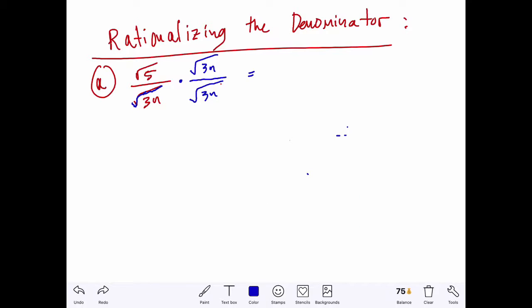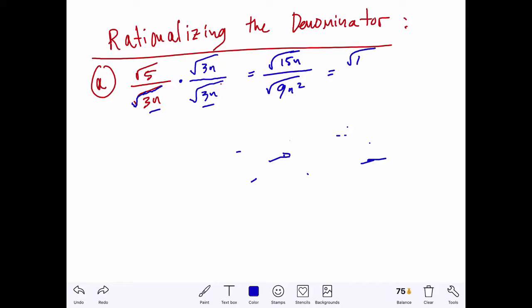Okay, now when we multiply these radicals, what's underneath by what's underneath? So the radicand by the radicand. Root of 5 times the root of 3n would be the root of 15n. And then root of 3n times the root of 3n, cross numerators, remember, and across denominators, would be the root of 9n squared.